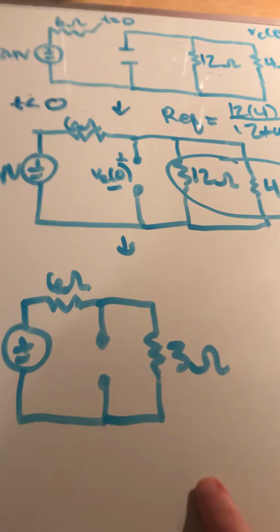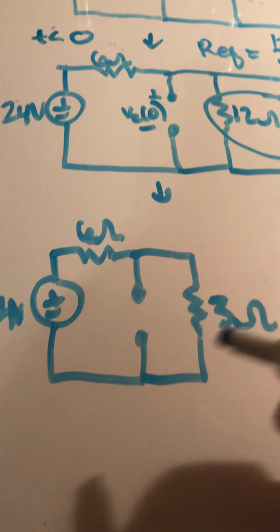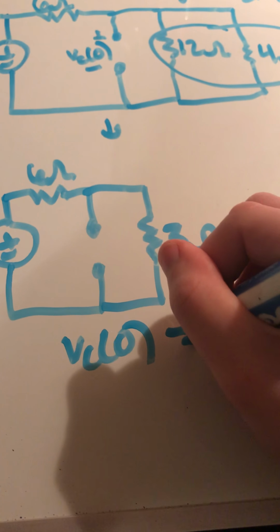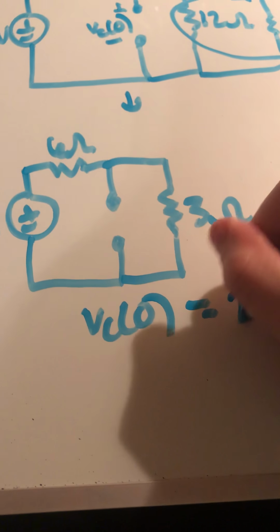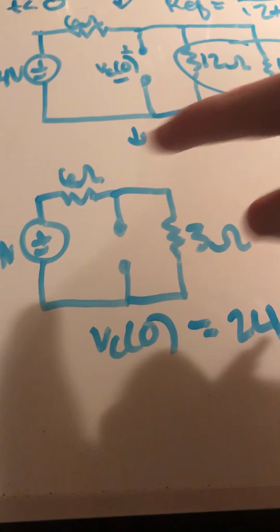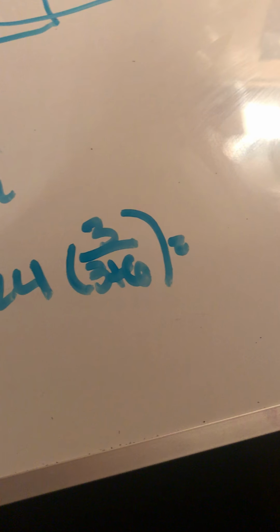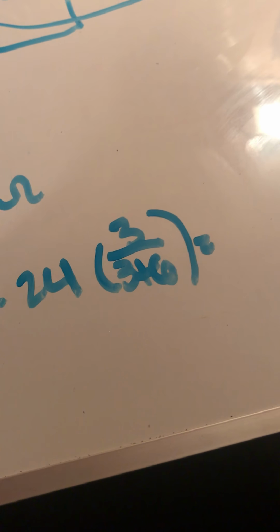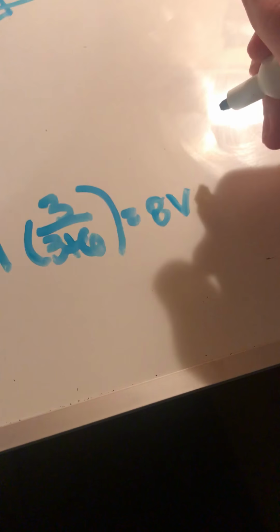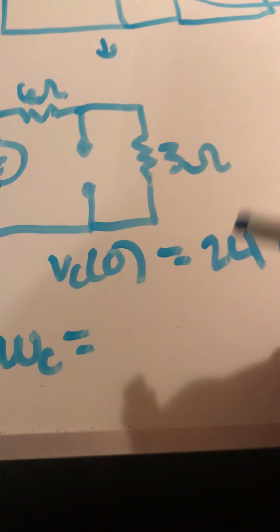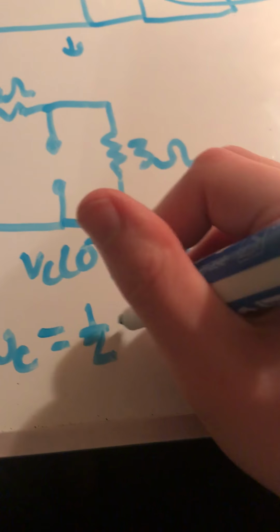And then with this, you can use voltage division to find VC at 0 by doing that is equal to the voltage, which is 24, times the one across, 3 ohms over them added, so 3 plus 6, which is equal to 8 volts.